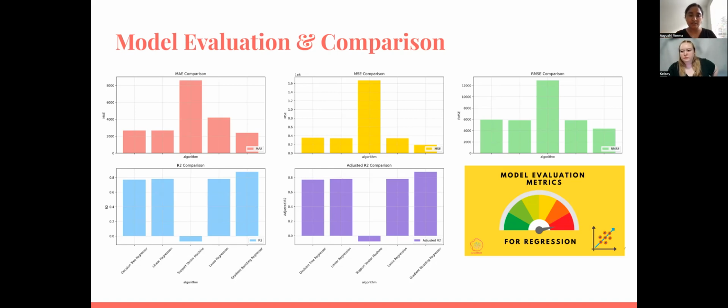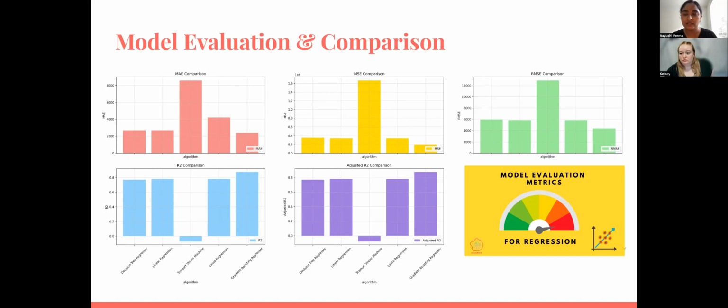So again, for this metric, the lower the better. We see here that the gradient boosting regressor has the lowest mean squared error, and the support vector machine model has the highest MSE, which is not a very good metric. Noting the units on the MSE, it is 10 to the 8th power. That is a very high value.